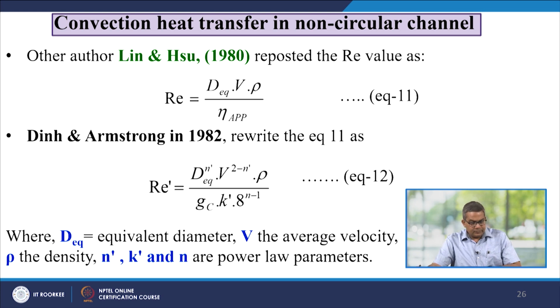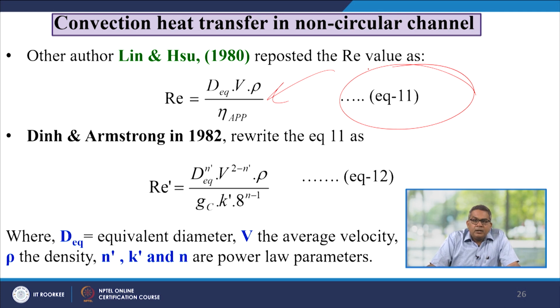Now, other co-workers reported the Reynolds number value by this equation, D equivalent V rho over eta apparent, and this is represented as equation number 11.